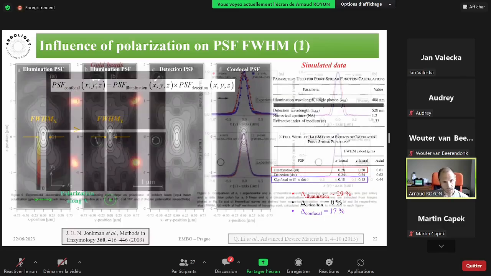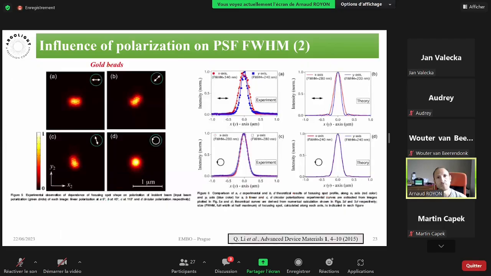This has been experimentally demonstrated by Lee and co-authors. So they imaged gold beads using a confocal microscope and different polarizations, both linear and circular. For the linear polarization, they measured a difference of about 100 nanometers, depending on the axis.